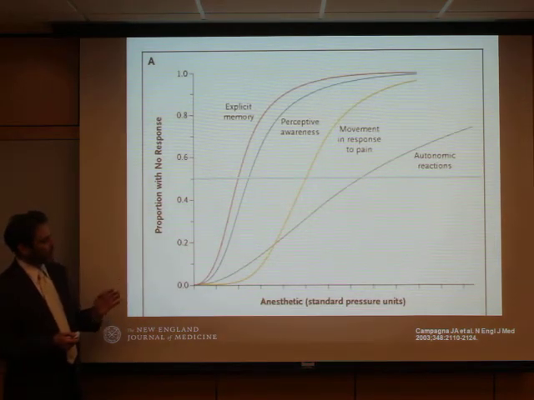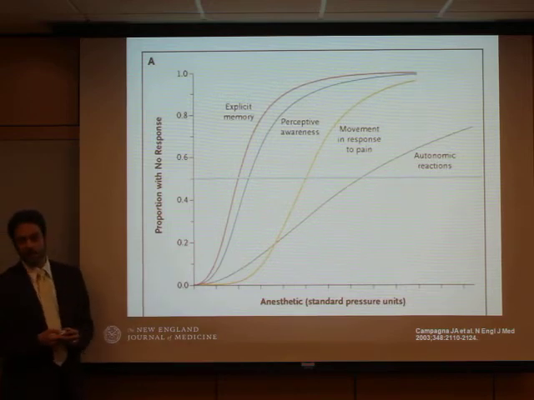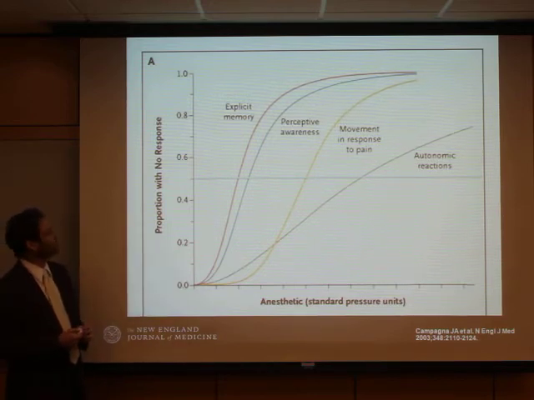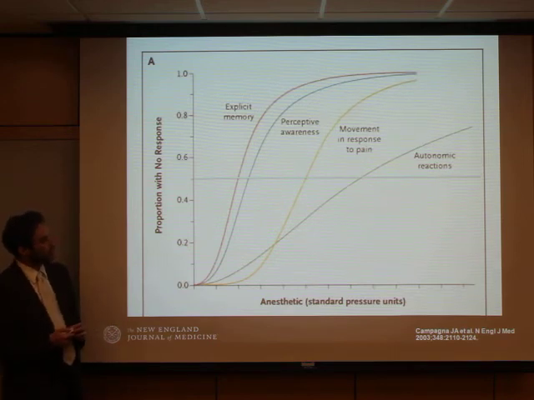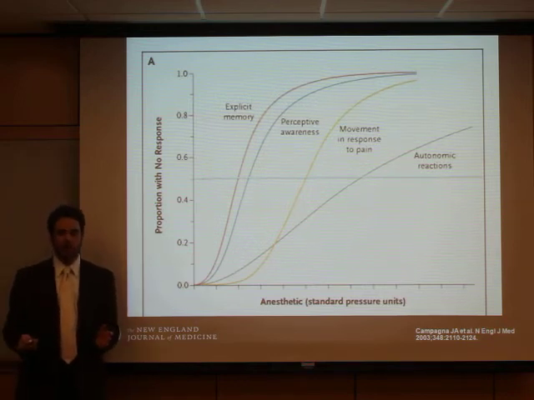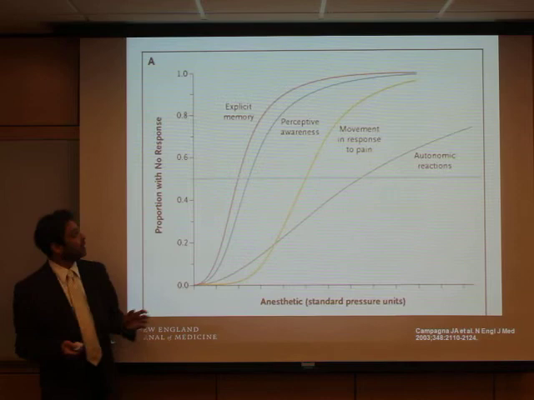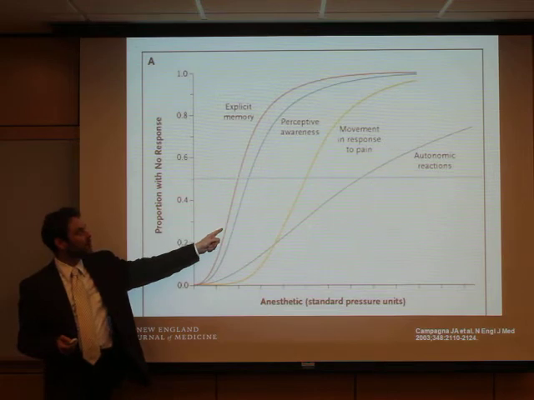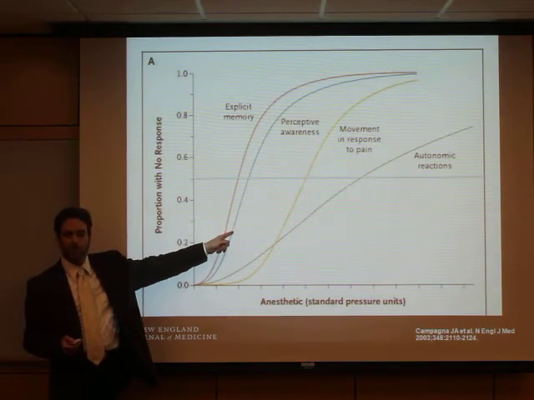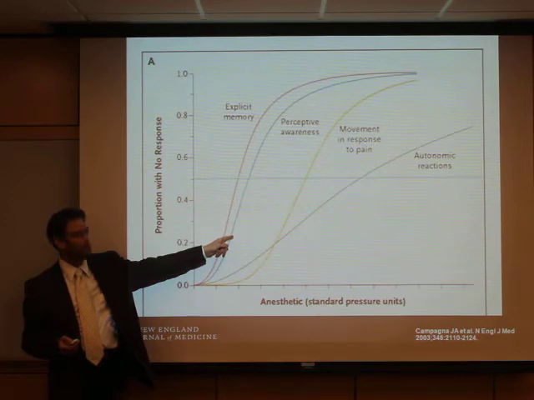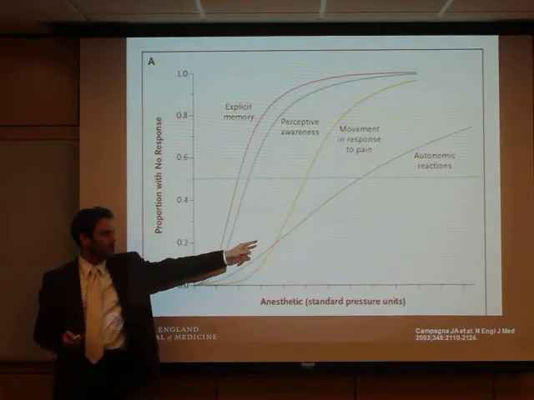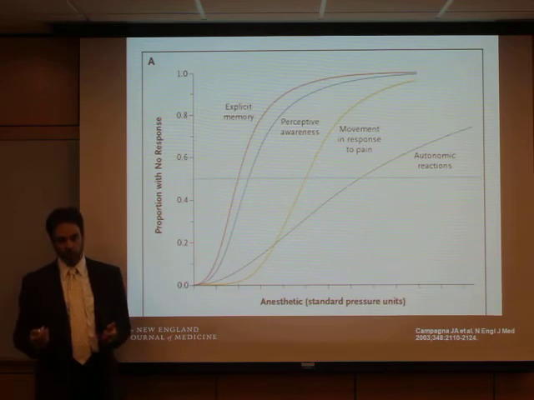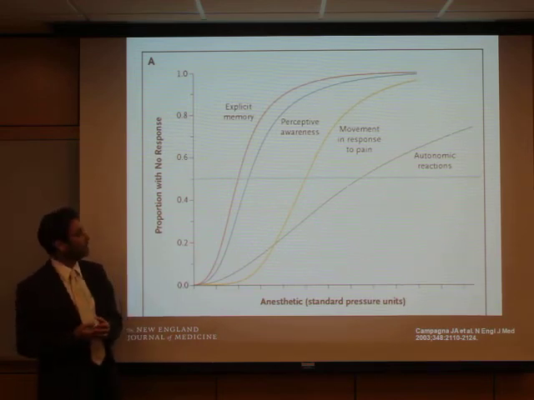This is a graph with a log of anesthetic concentration on the x-axis and the y-axis showing a proportion of patients with a response. What this graph indicates is that, generally speaking, the majority of patients need a much lower concentration of anesthesia to prevent explicit memory and perceptive awareness, even without explicit memory, than they do to prevent movement, and certainly than they do to prevent an autonomic response like hypertension or tachycardia.